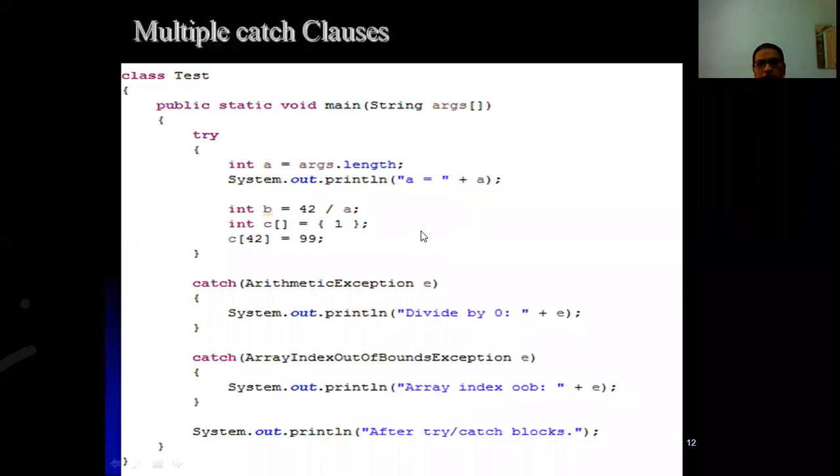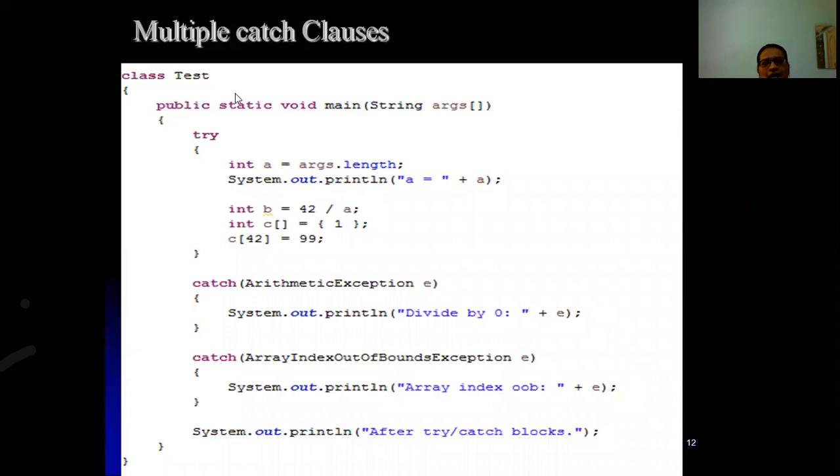Next is multiple catch clauses. As I said, there will be only one try block, but you can have any number of catch clauses, or catch blocks, right? Till now we have seen one try block and one catch block. In this example, there will be one try block and multiple catch blocks, or catch clauses.